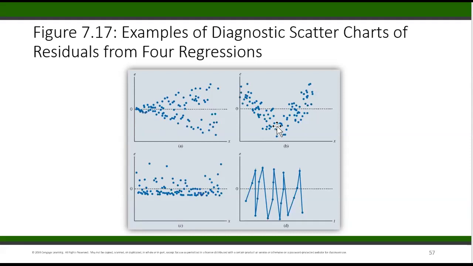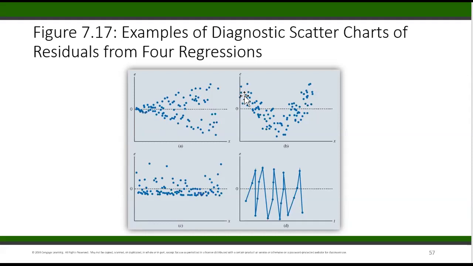In panel B, what is the violation? Again, if I focus on a small neighborhood at the center of the points, I have approximately equal numbers above, approximately equal number of points below. So it's symmetrical around its center.